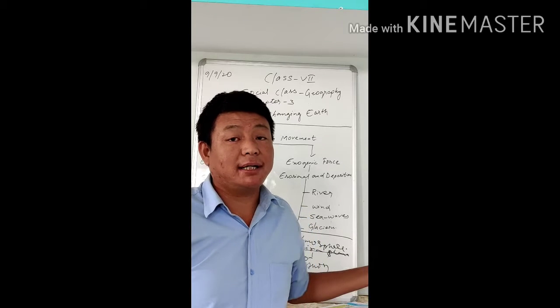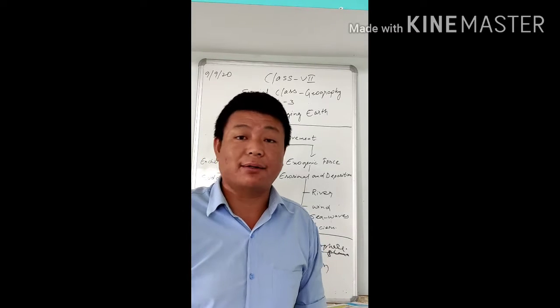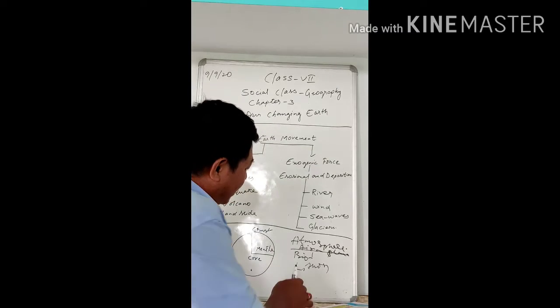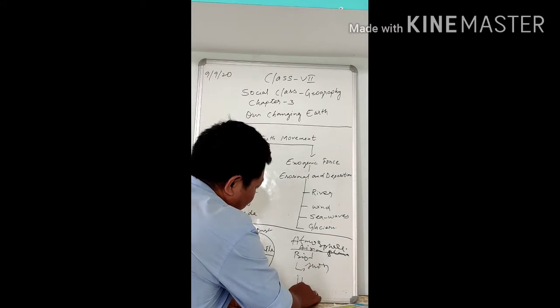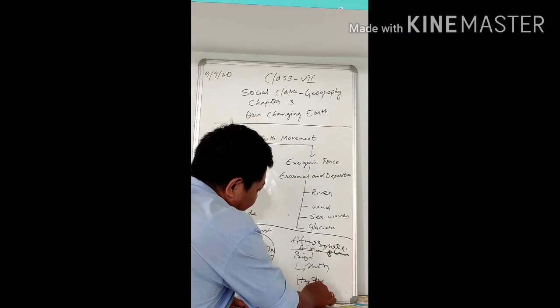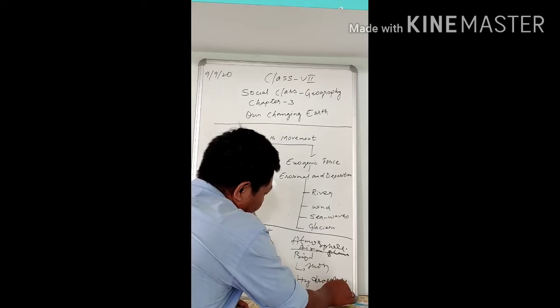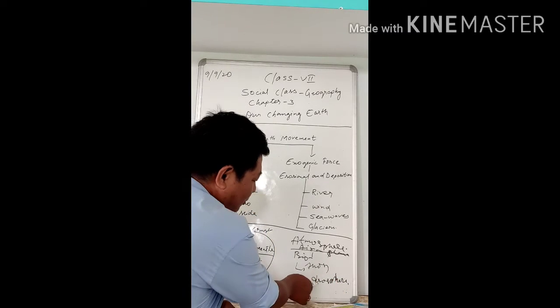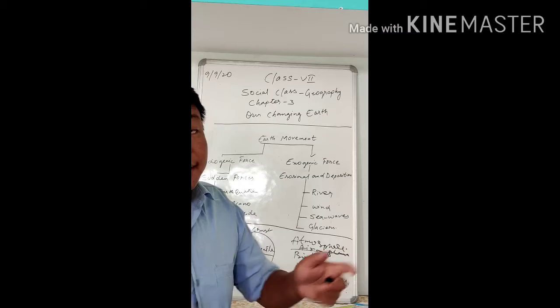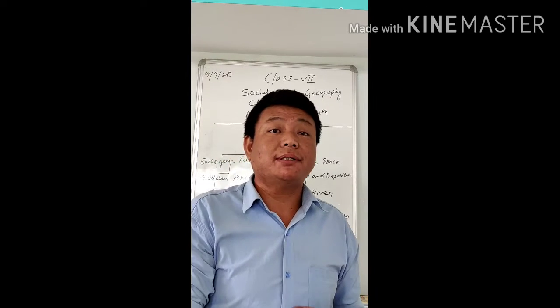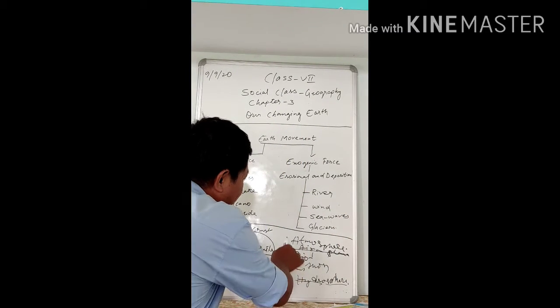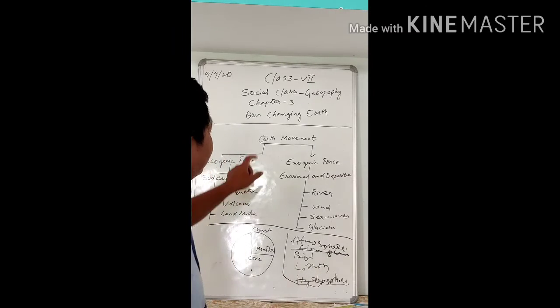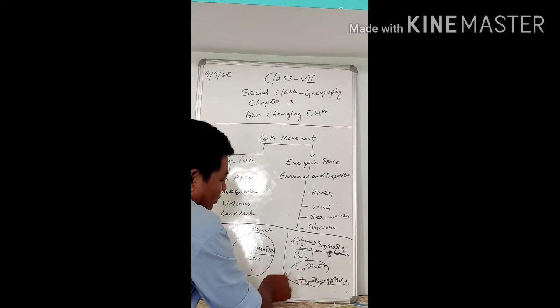So that's known as the lithosphere, where we are living. This land is known as lithosphere. And the fourth one is hydrosphere. Hydro means water, sphere means place, area.